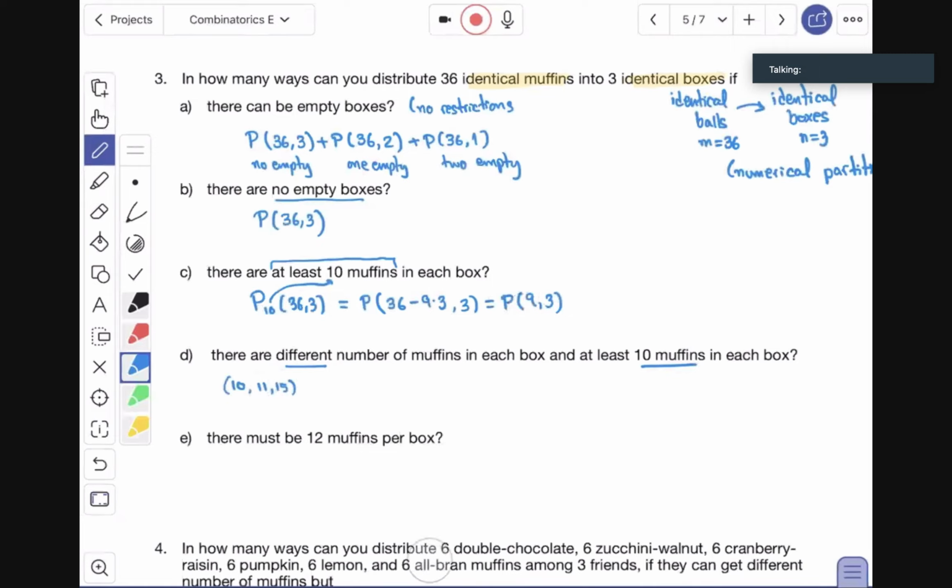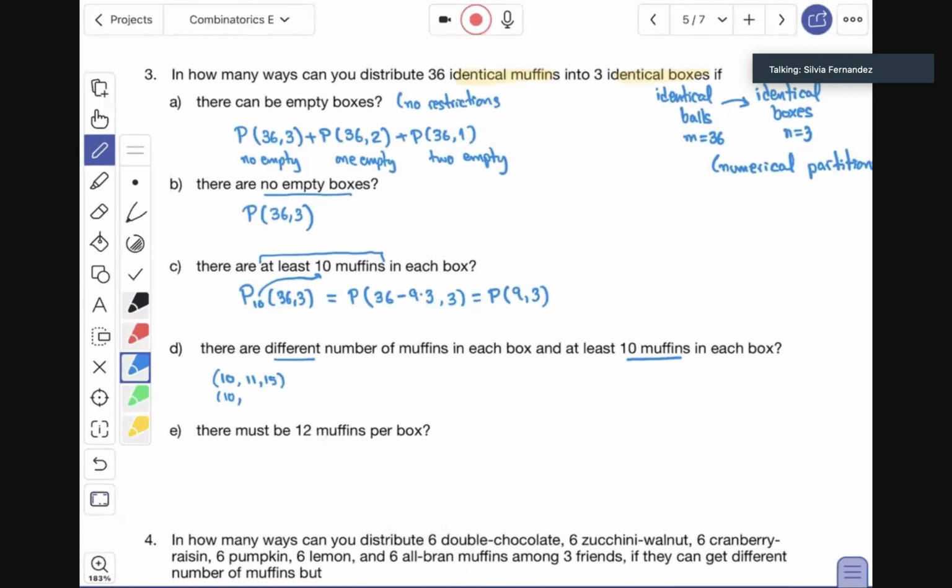Then for another partition, I just fix the 10 and see what other possibilities I have for the sum for the other 2. So 12 and 14. That's a sum of 36. And then the next one will be 13 and 13, right? 10, 13, 13, but they all need to be different, so I don't count it. And so now I change the 10 to 11.